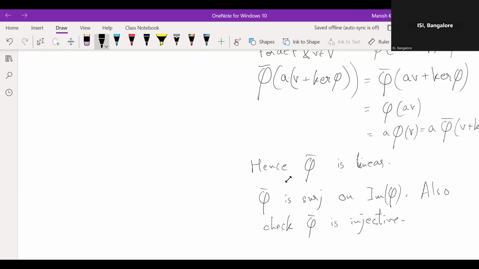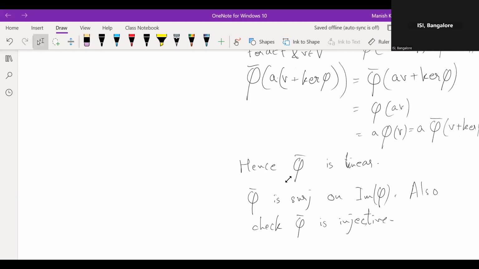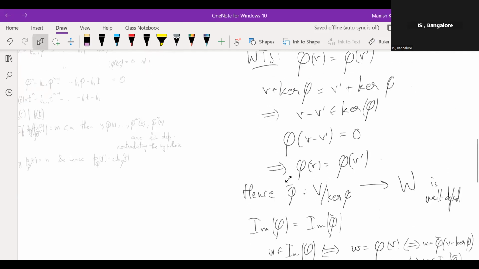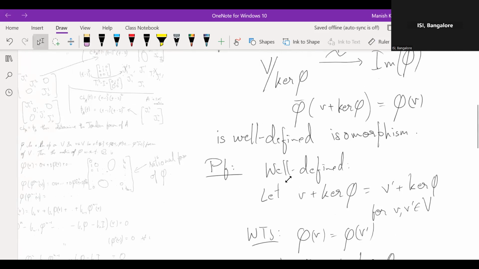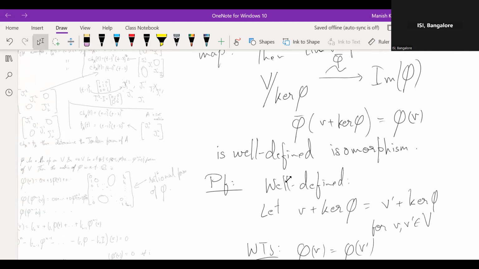The alternate argument is that the dimension of V mod kernel phi is the same as the dimension of the image of phi. That is what we argued initially, why these two spaces are always going to be isomorphic. So these two have the same dimension and this map is surjective, so the kernel has to be trivial. So it has to be a bijection.